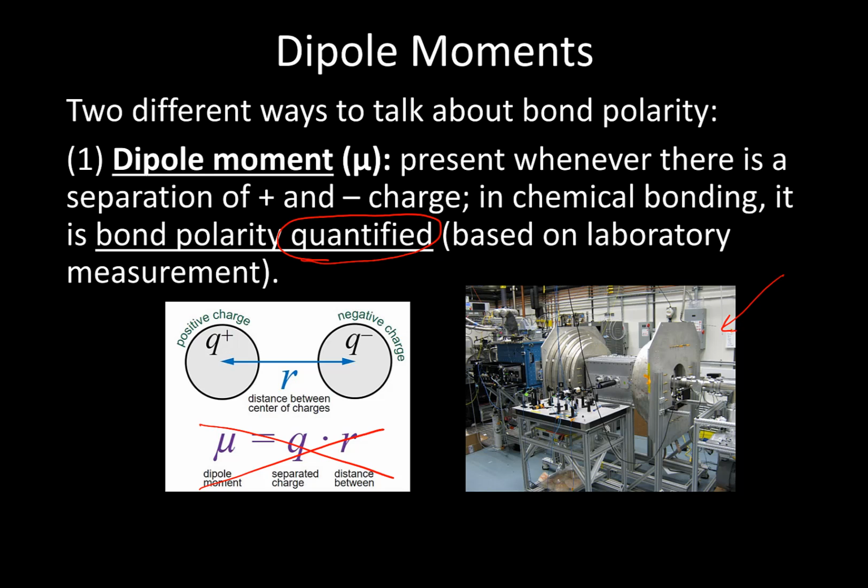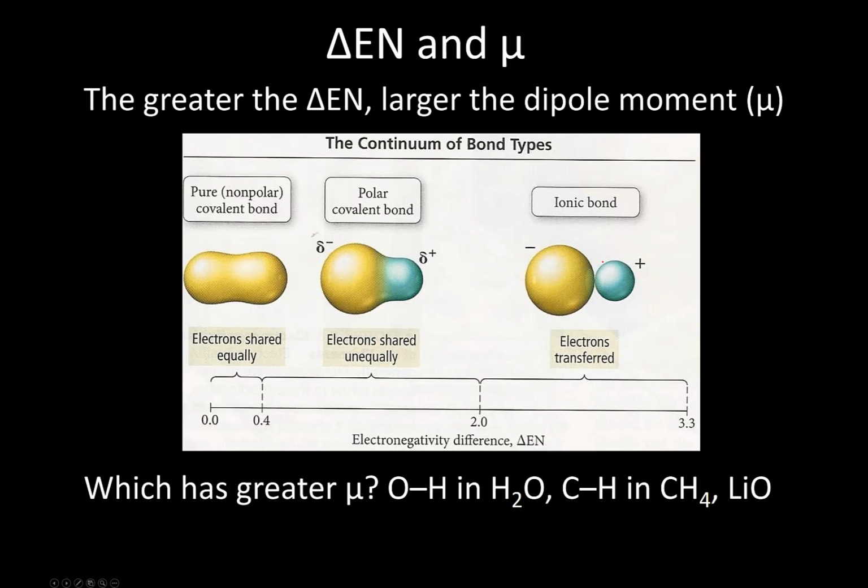And all you need to realize is that the greater the electronegativity difference, the larger the dipole moment. So looking at this, you have large dipole moments here and small dipole moments here. Your book goes into a lot more detail about calculating it and a few other things.